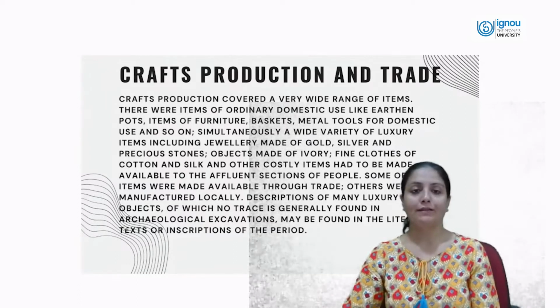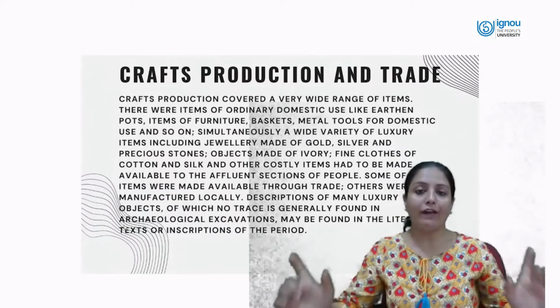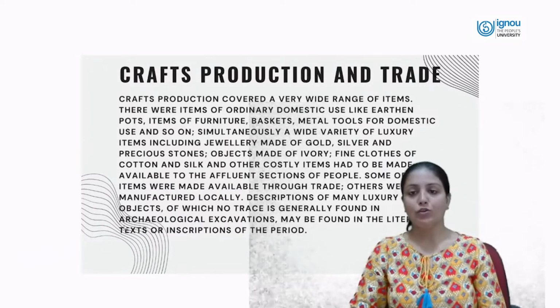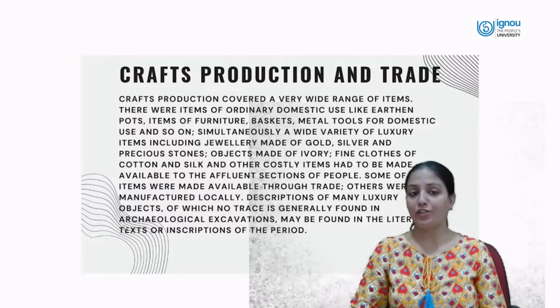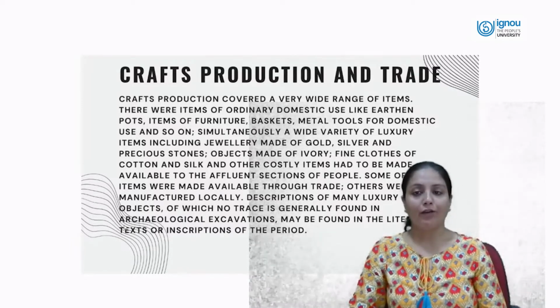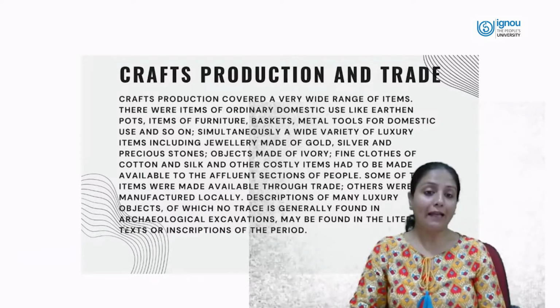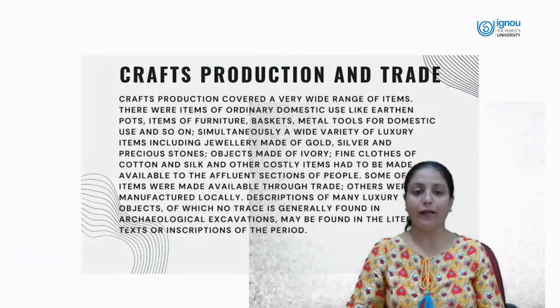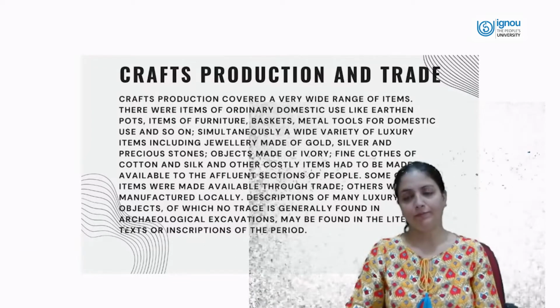Simultaneously, a wide variety of luxury items, including jewelry made of gold, silver and precious stones, objects made of ivory, fine clothes of cotton, silk, and other costly items had to be made available to the affluent sections of people.